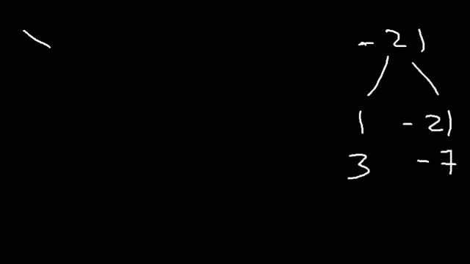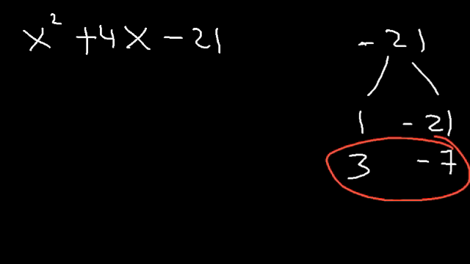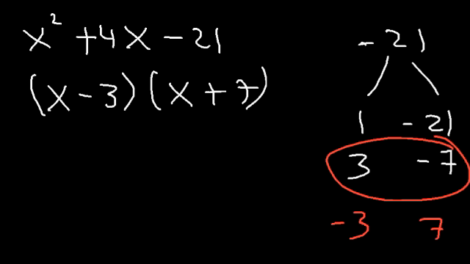Let's make it x squared plus 4x minus 21. So notice that 3 plus negative 7 is negative 4. But if we change it to negative 3 and positive 7, it now adds to positive 4. So this will be x minus 3 times x plus 7. And that's how you would factor it.